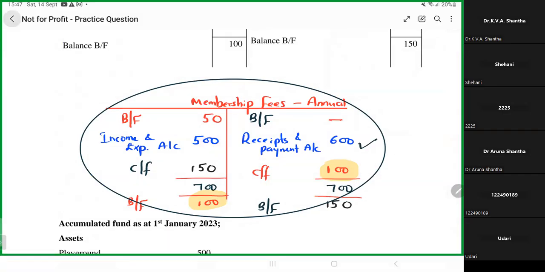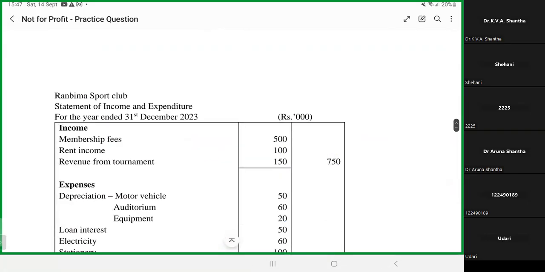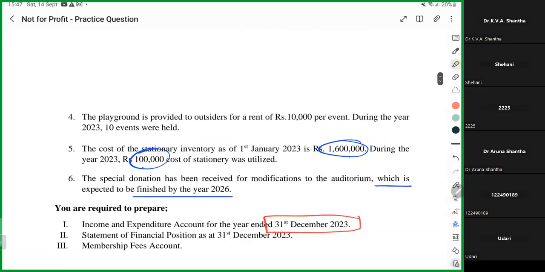In addition, you have rent receivable. The playground was rented at 10,000 per event. 10 events were held, so total rent income should be 100,000.